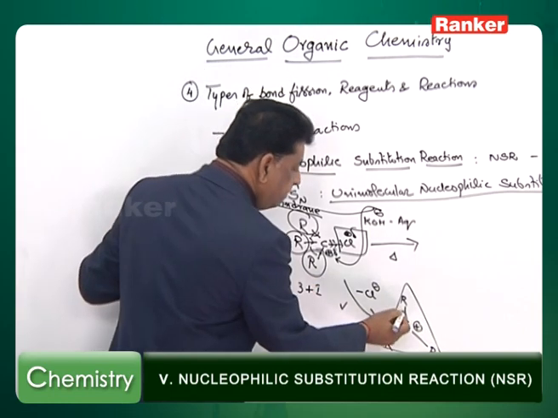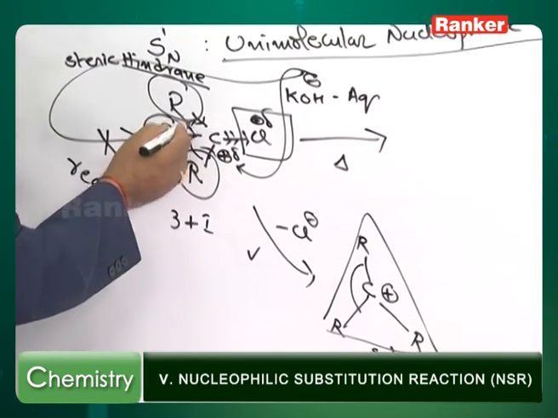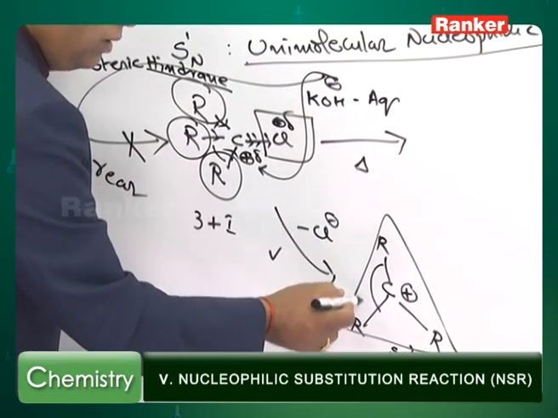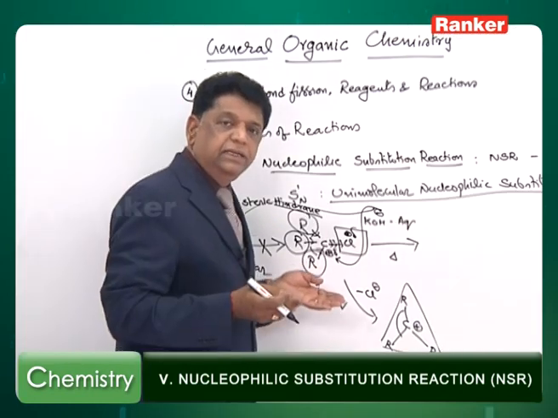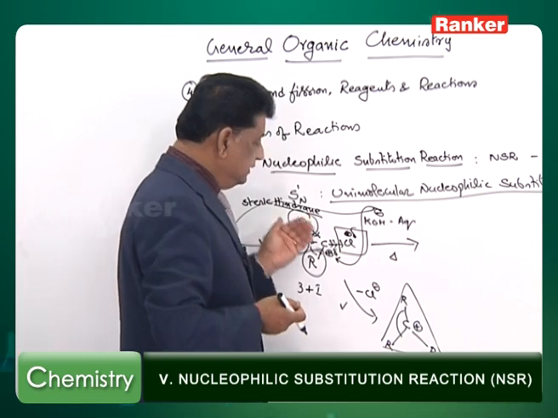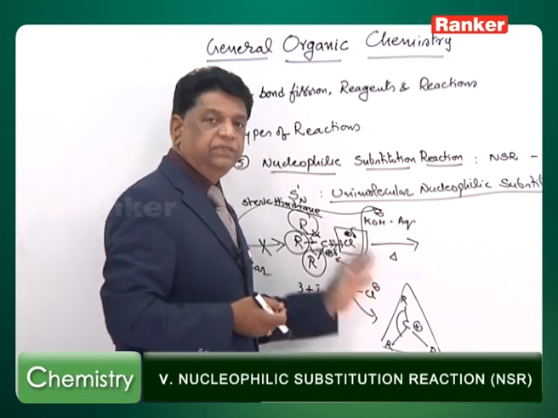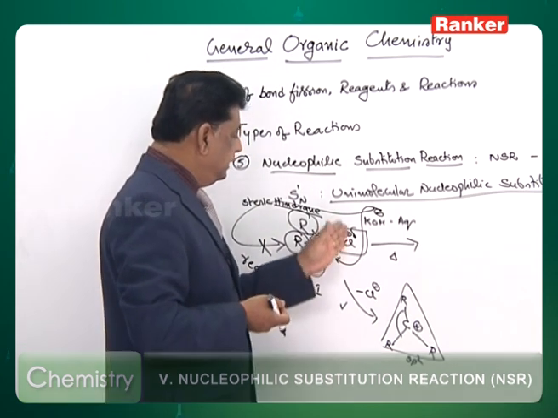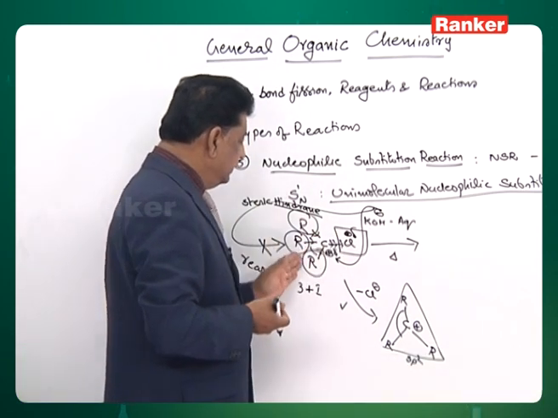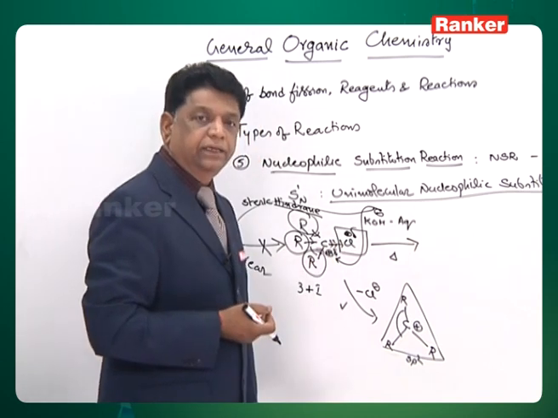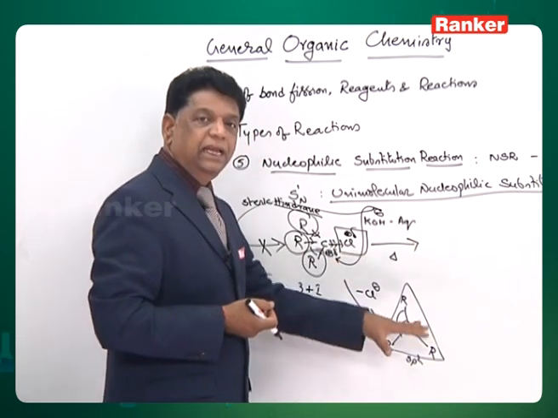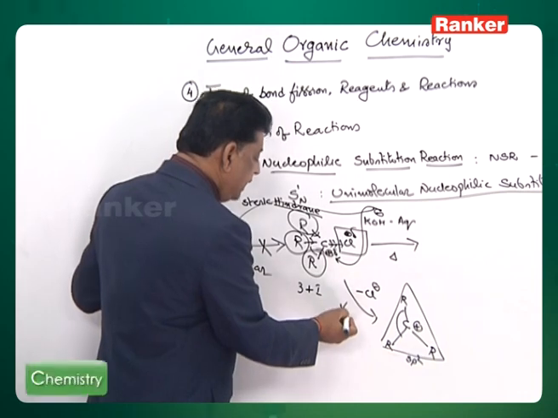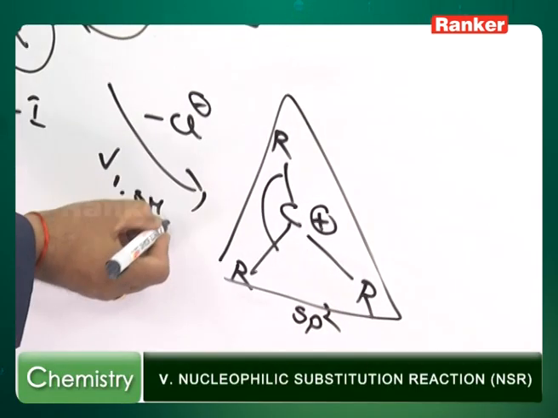So the angle between two alkyls, previously 109 degrees, has become 120. That means the steric hindrance is relieved. So this point first of all makes the Cl go out. If Cl goes out, the system gets stabilized because the steric hindrance is relieved. This is the first point.